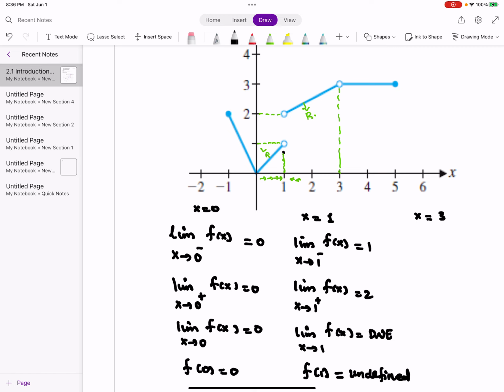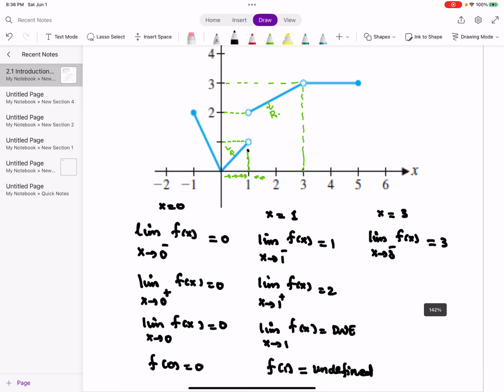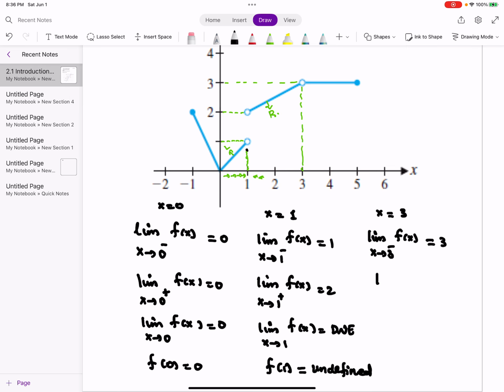Now, look at the graph. Limit of x approaches 3 from the left side of f of x is just, you can see, 3. Right? And limit of x approaches 3 from the right side of f of x is again 3 at the same point.